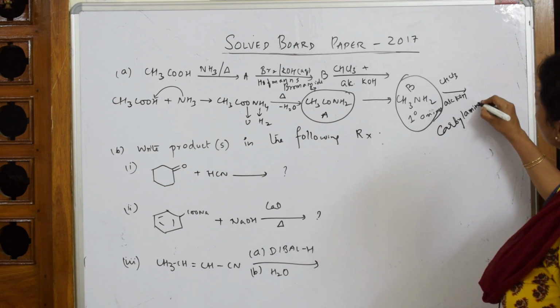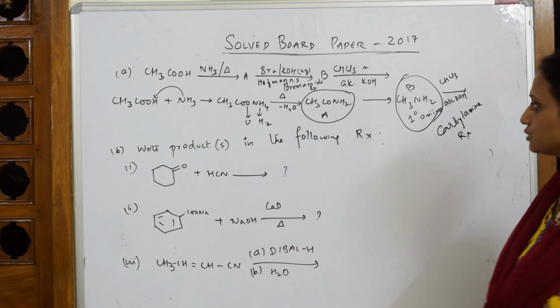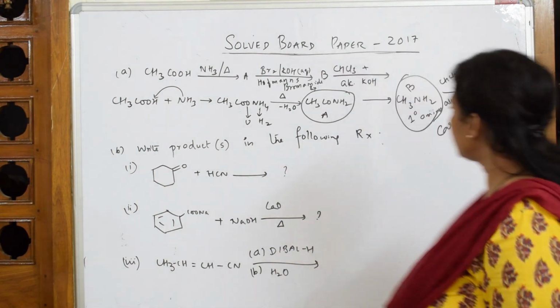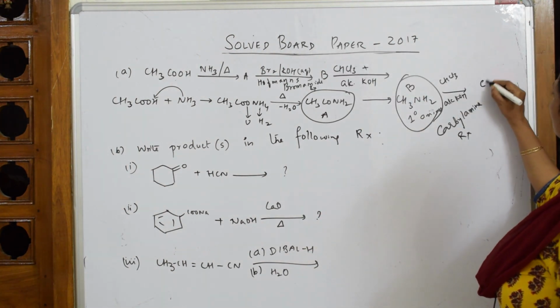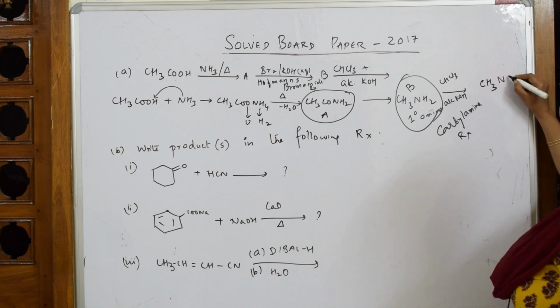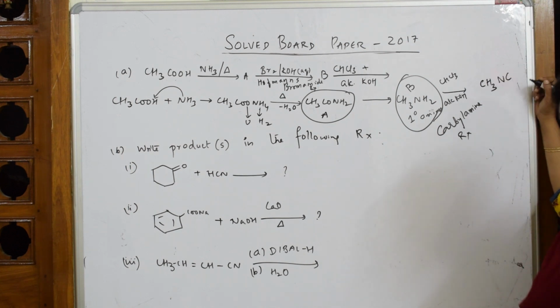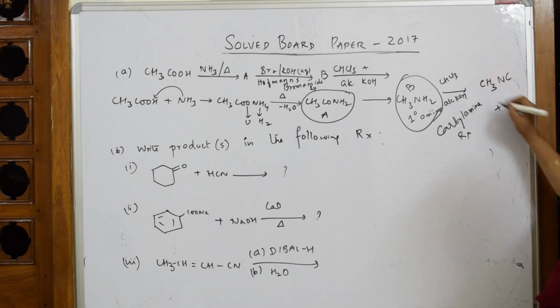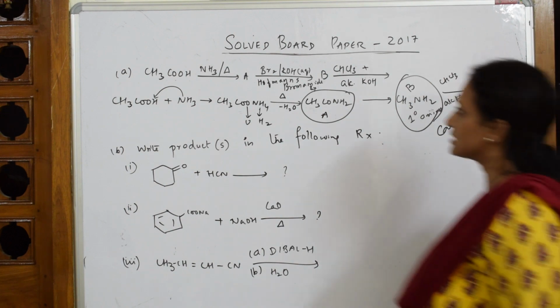Please remember, this is also there in amines, which I'll be doing. Carbylamine reaction, in the presence of KOH, always the amines get converted to isocyanides, offensive smelling compounds. So this is called methyl isocyanide. Yes, methyl isocyanide plus the leftover KCl and water is out. So this is what is the reaction.